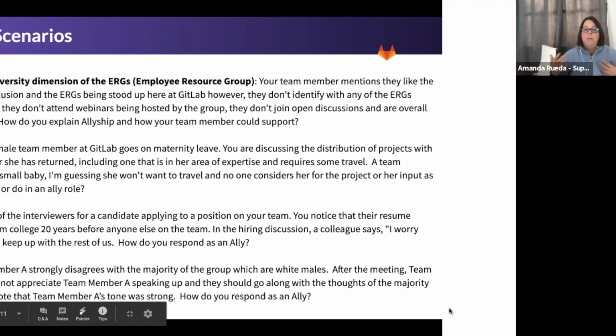So kind of trying to paint the picture as an ally of both the minority and the majority, right? To help them understand that you too can understand where this person's coming from. And we also thought it would be good to be conscious of not isolating that person who's doing the complaining, because they might just turn around and start complaining to somebody else, but rather try to pull them in and understand the perspective of the other person.